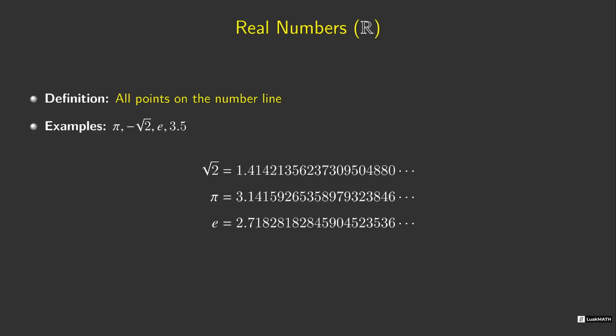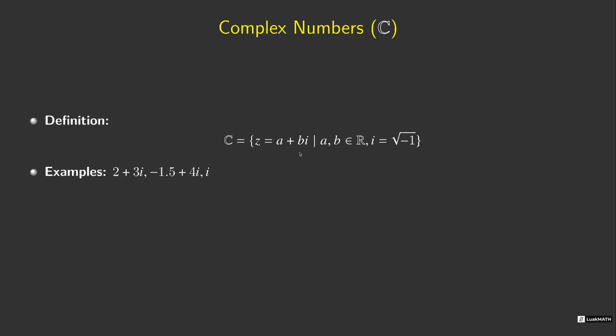Okay. And then lastly, we have what we call complex numbers. Complex numbers are numbers that you can write in the form a plus bi, where in this case a and b have to be real numbers, the ones we've just seen. And then i is defined as the square root of minus 1.